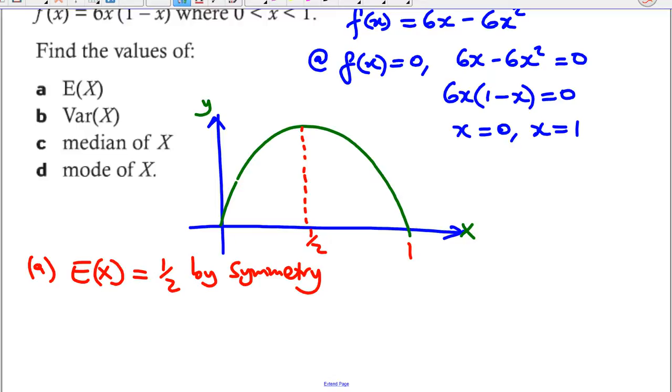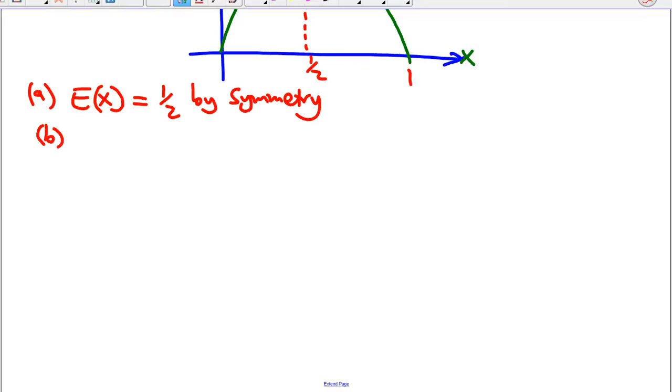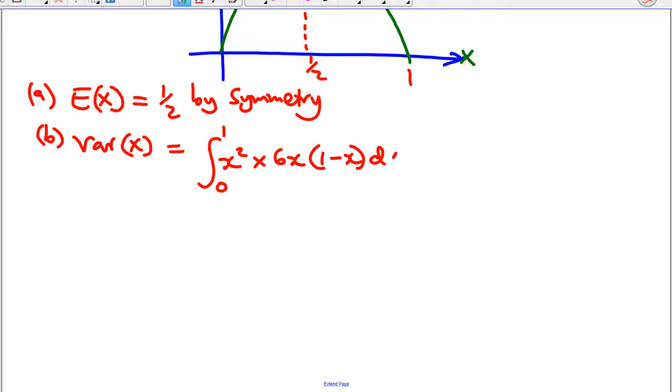Good. And then B, we need to calculate the variance. Now, to calculate the variance of x, we'll use our formula. So the integral from 0 to 1 of x squared multiplied by 6x into 1 minus x dx.